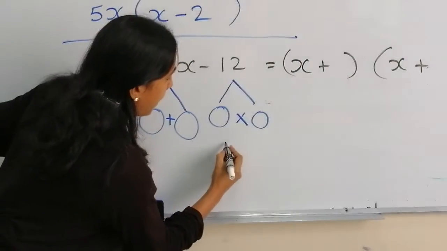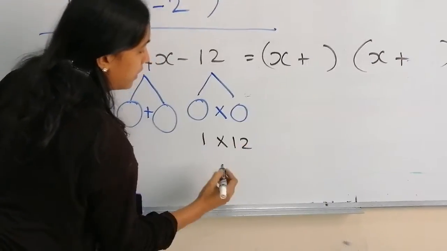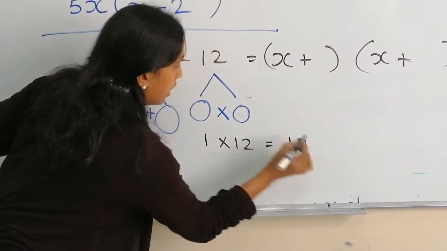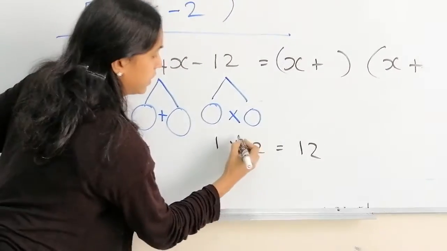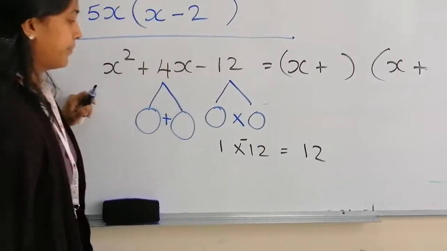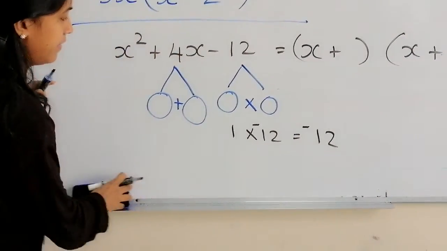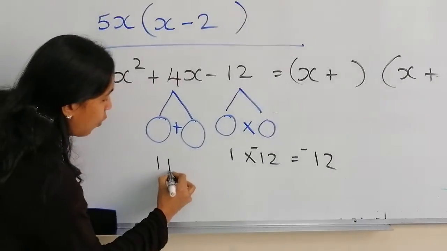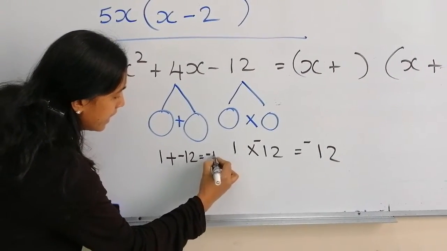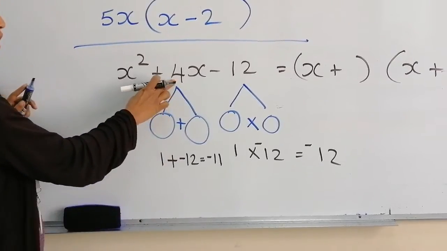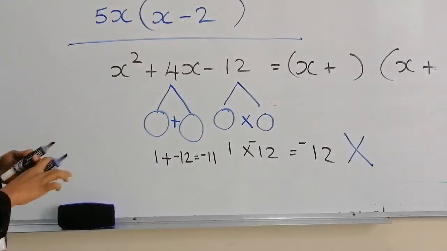Let's try. 1 and 12. As I told you, one number should be negative. 1 times negative 12 is negative 12. When I add 1 and negative 12, I get negative 11. But here I need 4. That means this is not the correct answer.